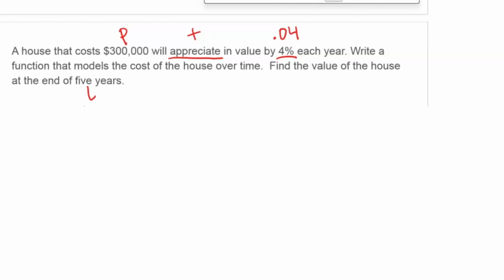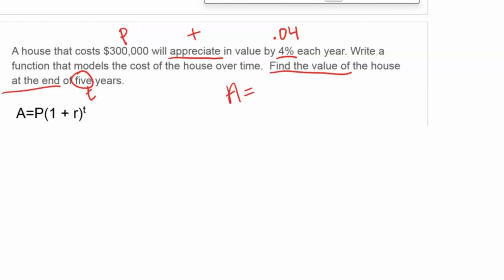It says find the value of the house at the end of 5 years, so our t will be 5. What we're trying to find is the value at the end of 5 years, so we are trying to find the ending amount, which would be A. Plugging everything into the equation, we don't have A, that's what we're trying to find.